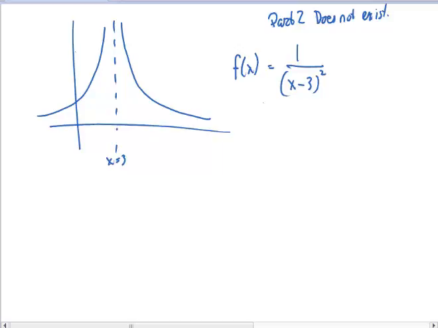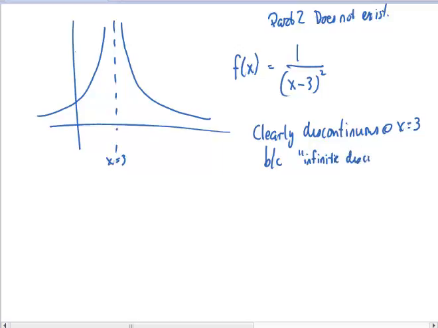So in terms of discussing continuity here, it's clearly discontinuous at x equals 3 because now the students would say it's an infinite discontinuity. As I work on my spelling.